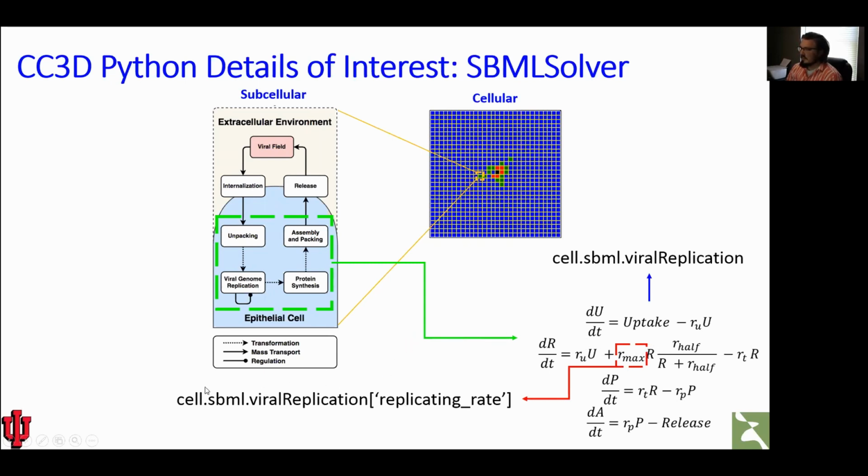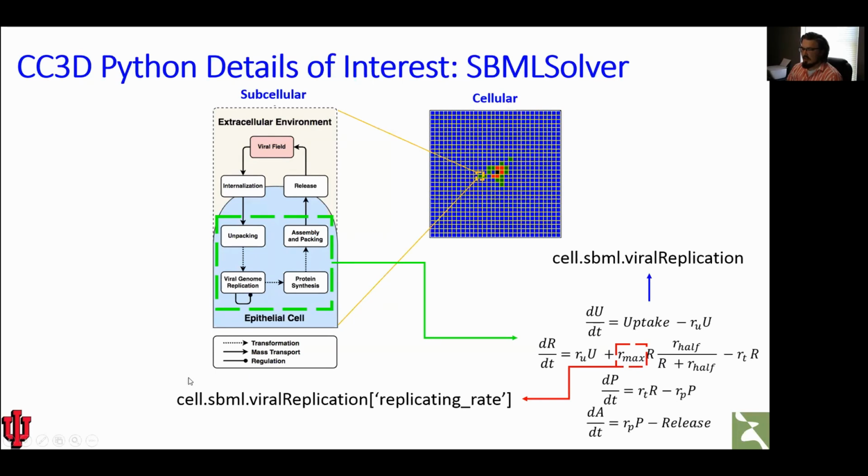So in this case, shown here in the bottom right, in our drug therapy simulations, we made changes in real time to the coefficient Rmax in the model specification for this system of ordinary differential equations. Rmax is defined as the replicating rate. Now, programmatically, at any time in simulation, we can access that value and change it using this line shown in the bottom center.